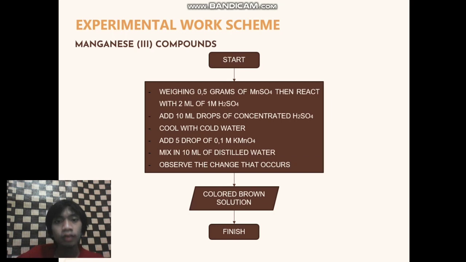And experimental work scheme 2 is the manganese 3 compound. Start by weighing 0.5 gram of manganese sulfate, then react with 2 ml of 1 M sulfuric acid and add 10 drops of concentrated sulfuric acid and cool with cold water.